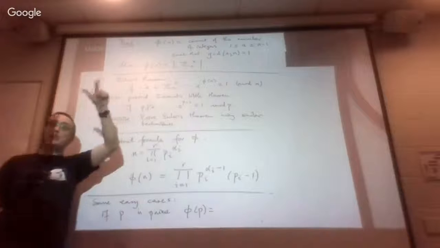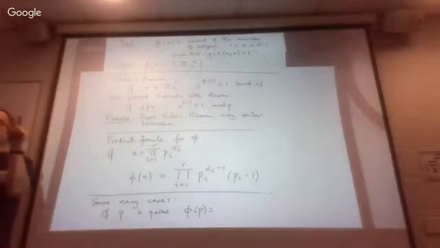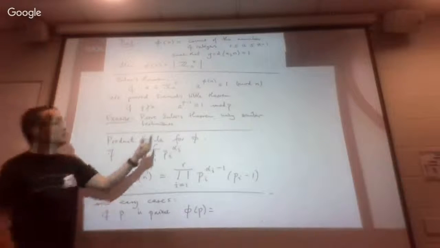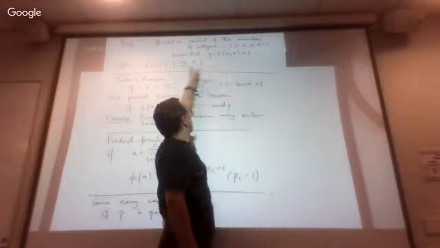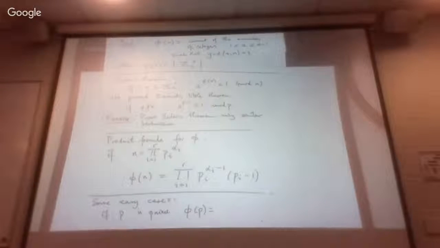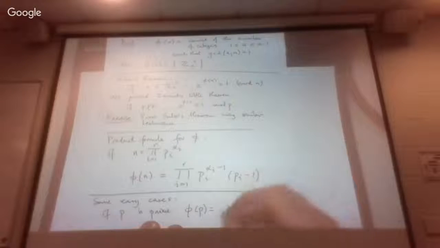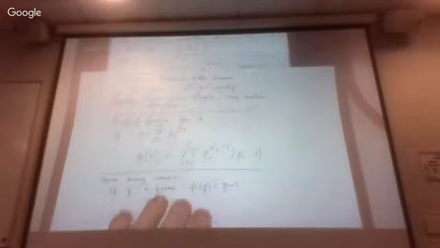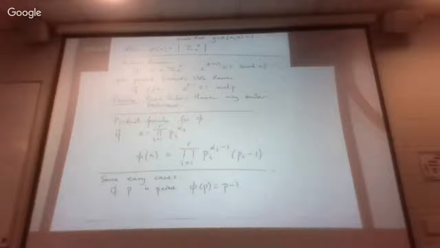Because if 1 and P are the only two candidate common factors that P can share with anything, well, if you're looking at all the numbers a less than P, none of them can have that factor. So the only common factor is 1. So everything less than P is co-prime. And by everything, I mean starting at 1. Okay? So the value of the Euler totient function on the prime P is P minus 1.